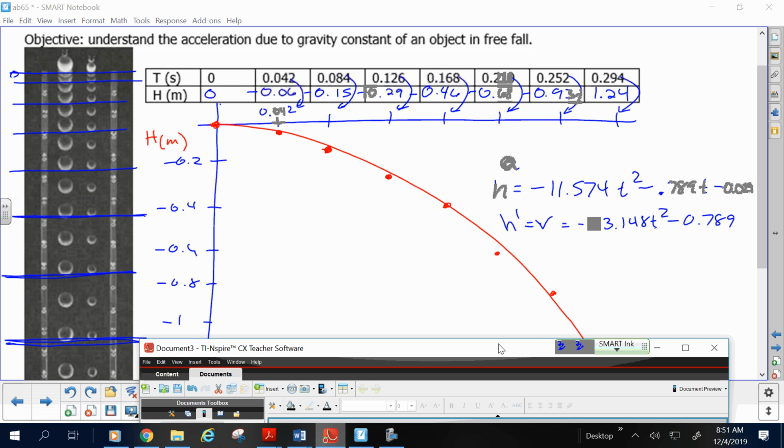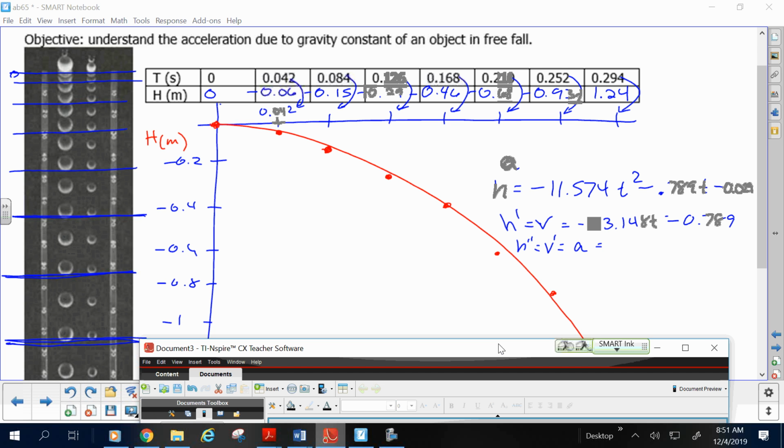And what is the second derivative of height, or the first derivative of velocity? Acceleration, and that is, in this case, negative 40. Oh, this is t, sorry. Negative 23?